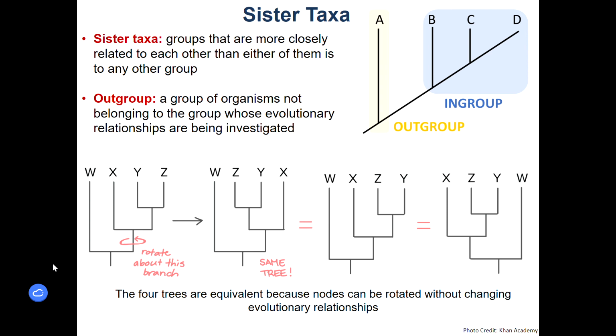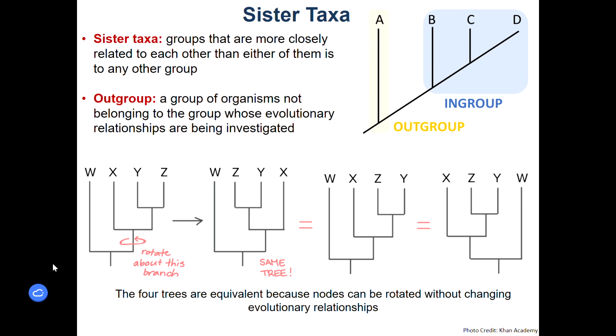The outgroup, in my tree example, is the purple one. Or in here, it's A, and on these trees that are rotated around, it's W. That's a group of organisms that do not belong in the group whose evolutionary relationships are being investigated. So think of it as what we're going to compare everything to.